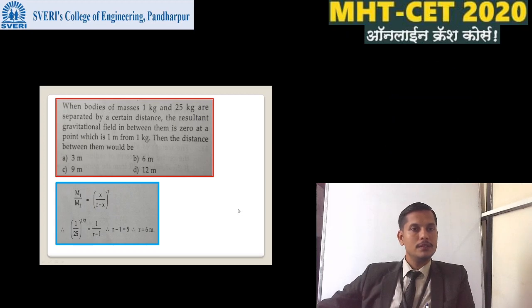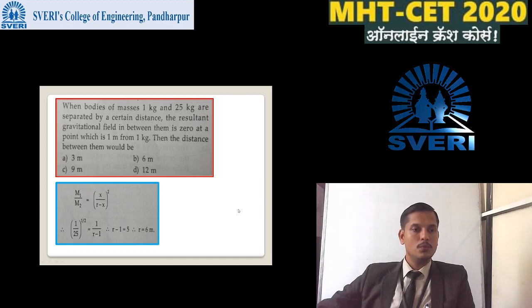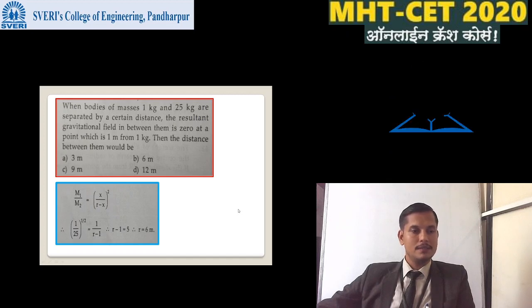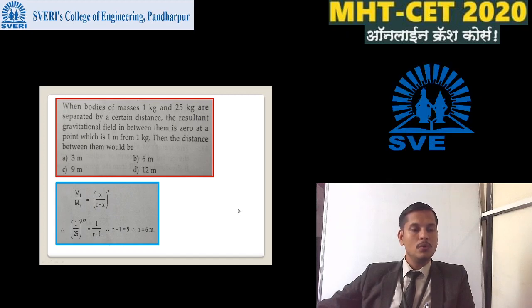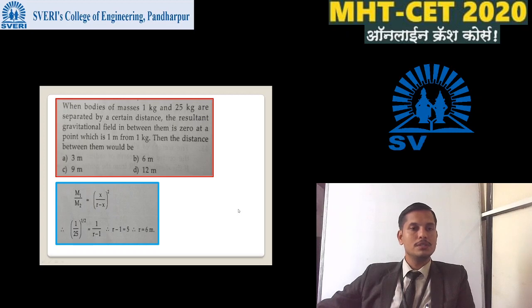We consider the distances as x and r minus x, and if we put those values we get the answer that r is equal to 6 meter.